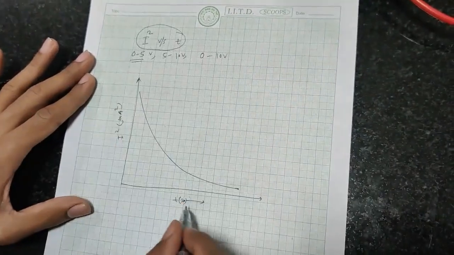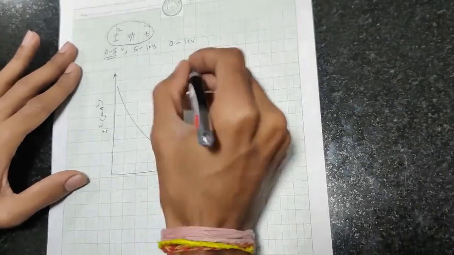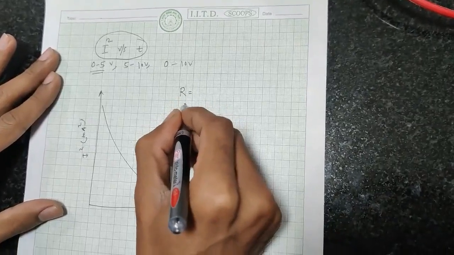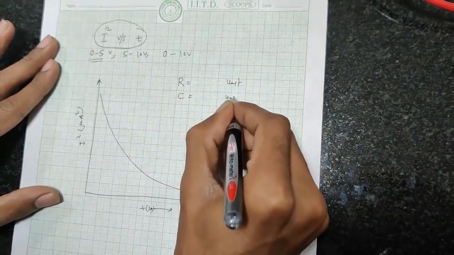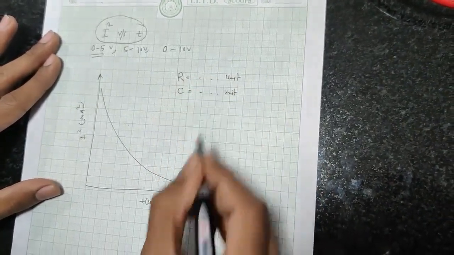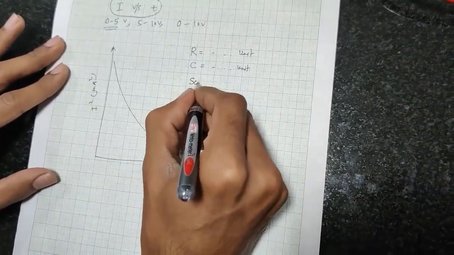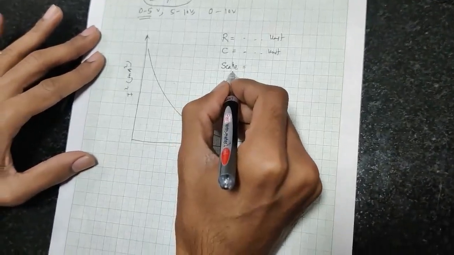Here it is milliampere square on the y axis, and on the x axis it is time in seconds. You should also mention properly the resistance and capacitance used for the setup, with proper units. And do not forget to mention the scale of this graph. You can take the scale as per your convenience.